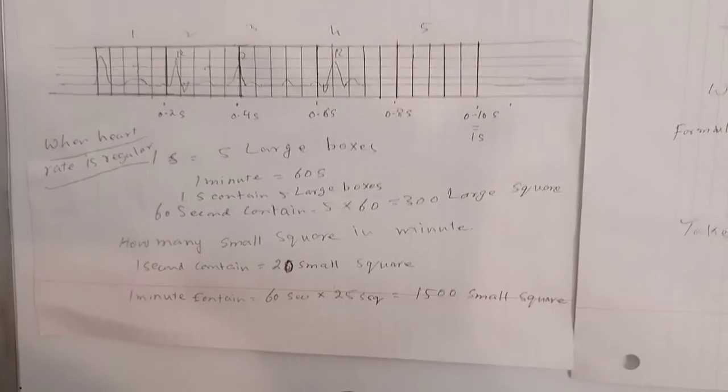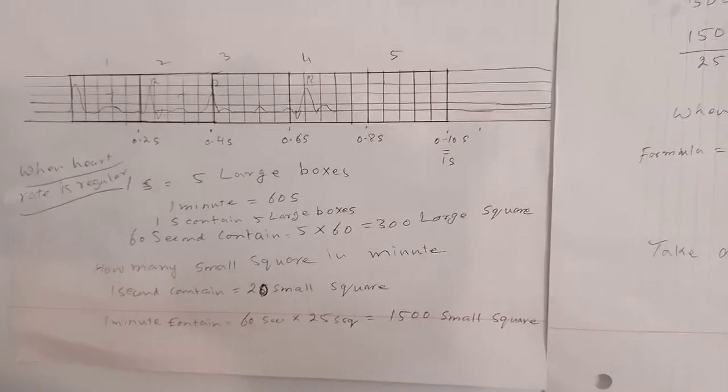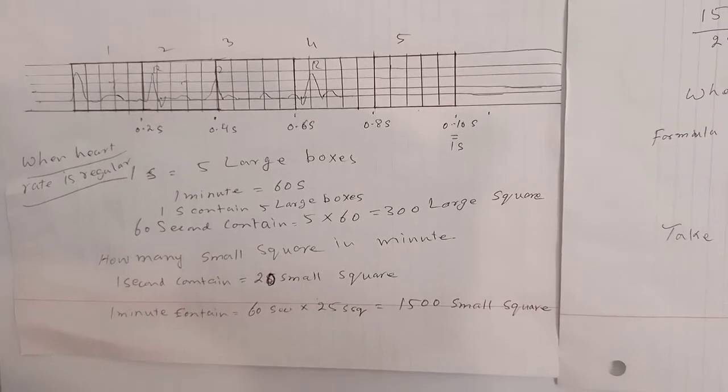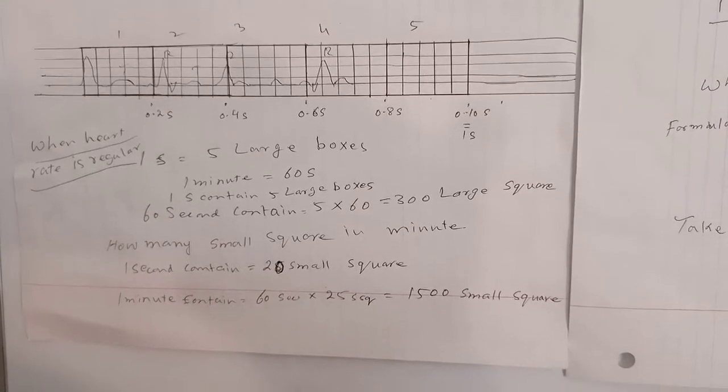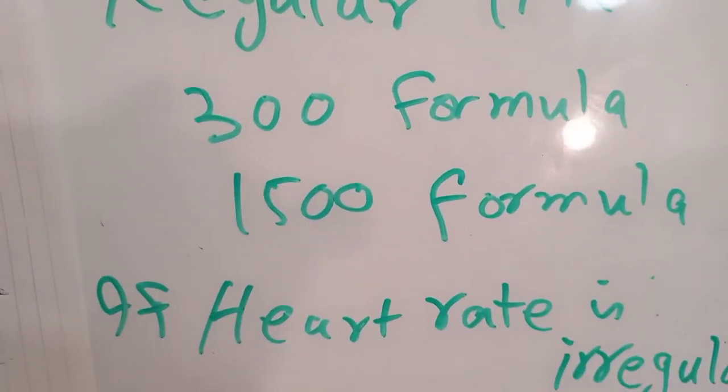Now, how to calculate the heart rate? There are two conditions. One condition is the heart rate is regular, and the other condition is the heart rate is irregular. When the heart rate is regular, we apply two formulas. They are known as the 300 formula and the 1500 formula.